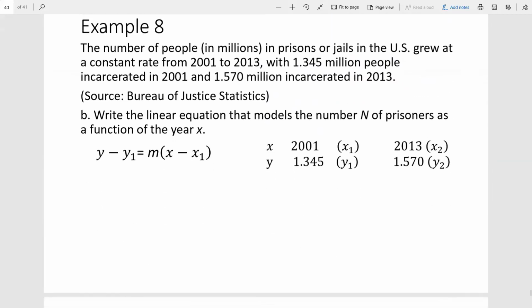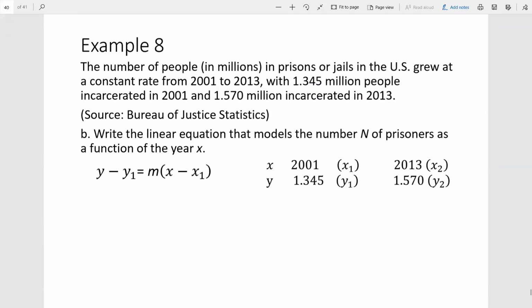Now we want to write the linear equation that models the number n. We're going to call this y to start with, and then we'll call it n. It doesn't really matter. So the equation would be y minus y1 is equal to m times x minus x1.